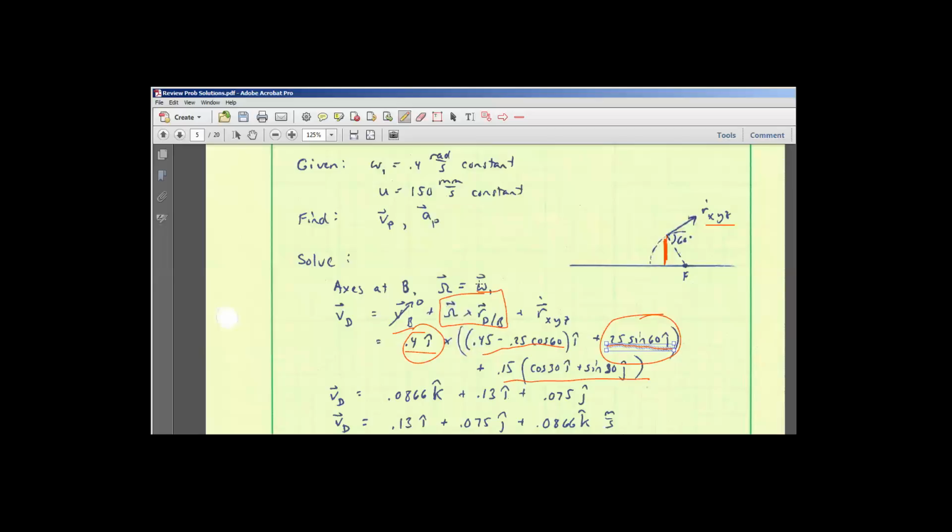Yeah. Cosine. Minus for the I, and then a positive cosine something for the J. Okay. The I's still don't matter because I cross I is 0. So the only thing that comes into play is that 0.25 sine 60 in the J hat. Okay. And that then makes sense.